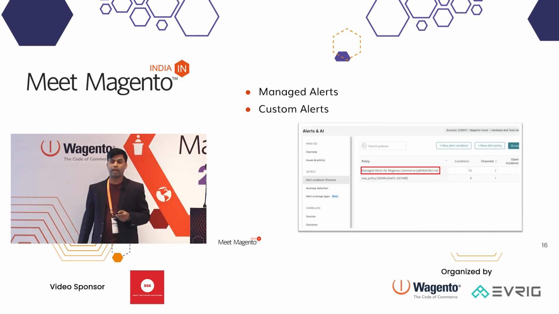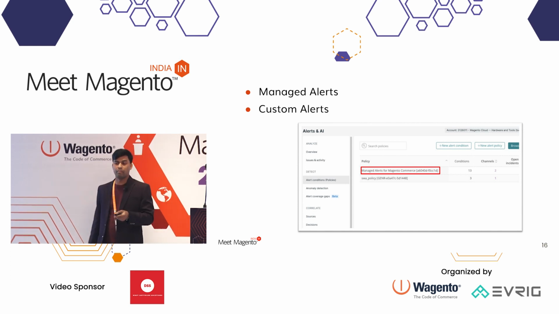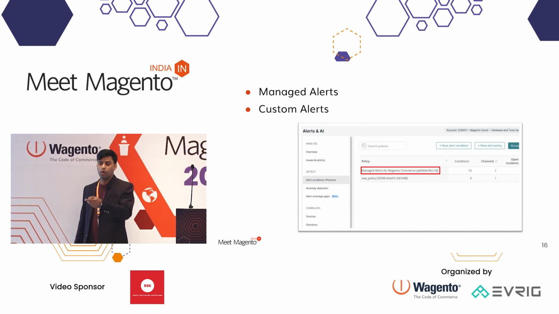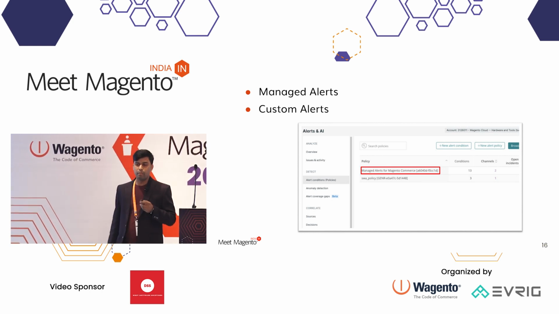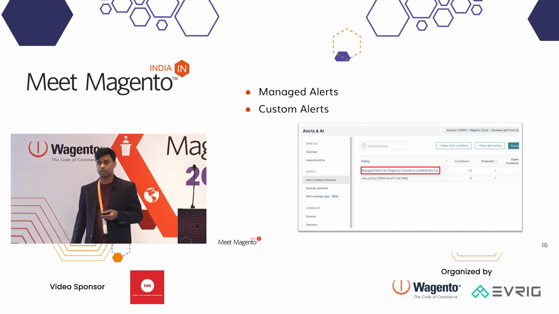There are two types of alerts. One is managed alert, and the second is custom alert. You can see, if the screen is visible to you, if you go to this particular section and search for alerts, the first section is the managed alerts for Adobe Commerce, and the second one you can create custom.